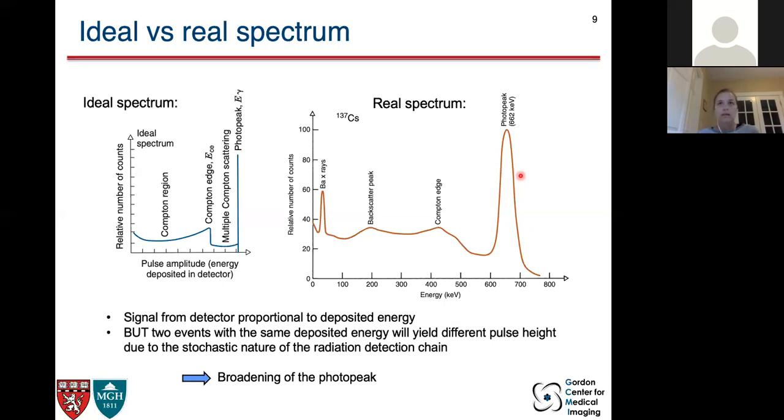And so all of these variations will result in the fact that even if all incident photons on the detector have the same energy and all undergo photoelectric absorption, there will still be variations in the signal amplitude generated by the detector. This is manifested as this broadening of the photopeak.